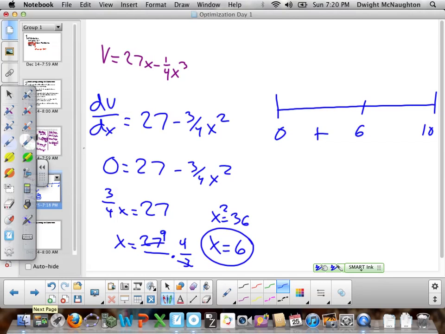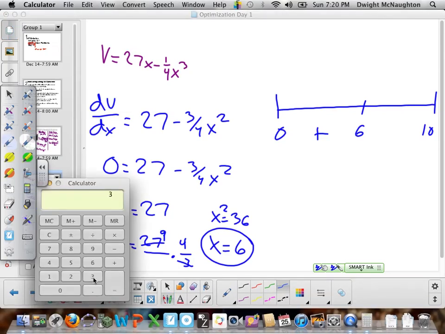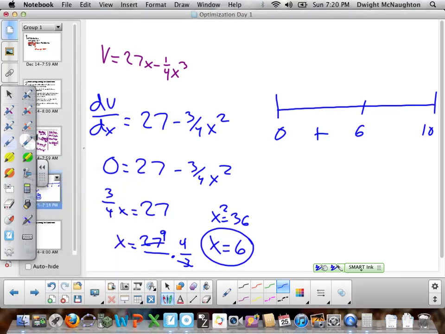So it is increasing into x equals 6. If I stick 7 in, 7 squared is 49. 3/4 of 49 is 36.75. 27 minus that is negative. So we have a relative max volume when x equals 6.